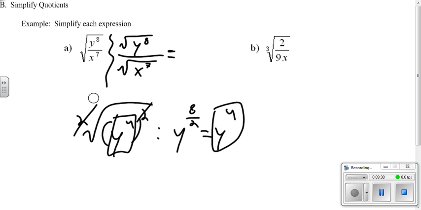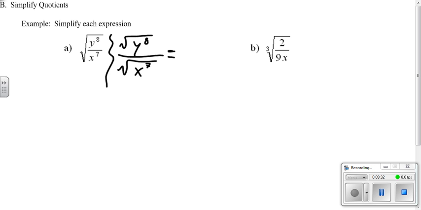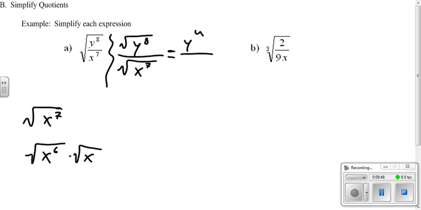So we know that our numerator, or our top number there, is going to be y to the 4th. Looking at our numerator, though, we have a square root of x to the 7th. We can break that one, remember, into x to the 6th times square root of x.